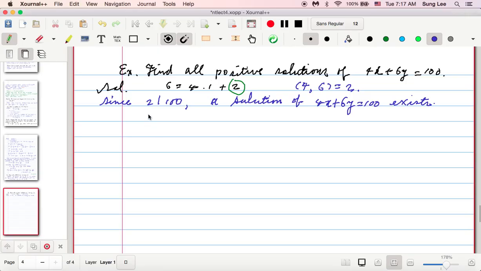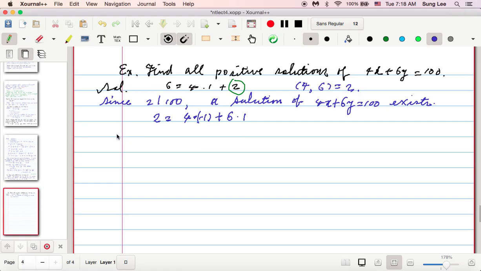Writing this for 2, 2 equals 4 times negative 1 plus 6 times 1.